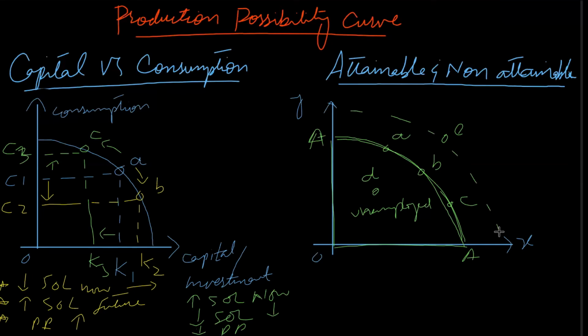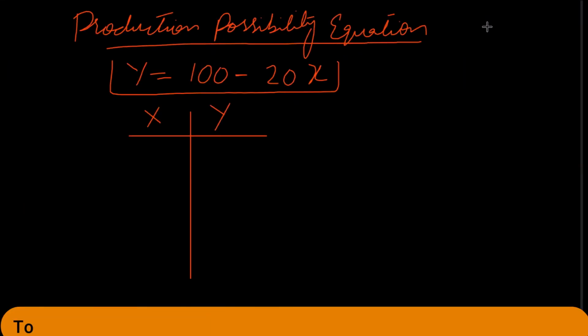So before that, point E would be non-attainable unless and until the PPC shifts from AA to BB, capital AA to capital BB. This is again an important concept which every student must know, because the examiner generally tests such situations in MCQ questions.